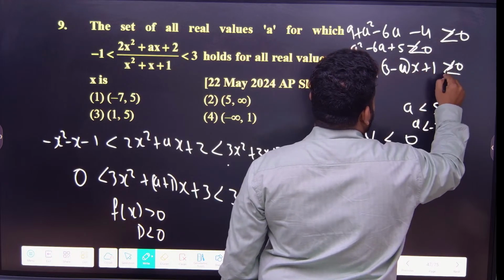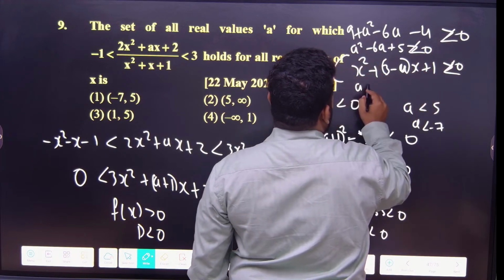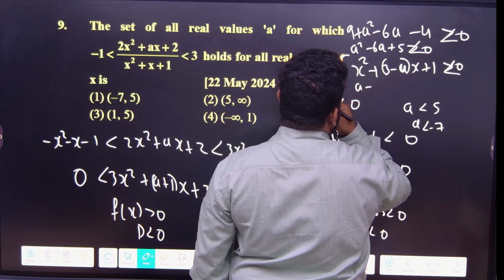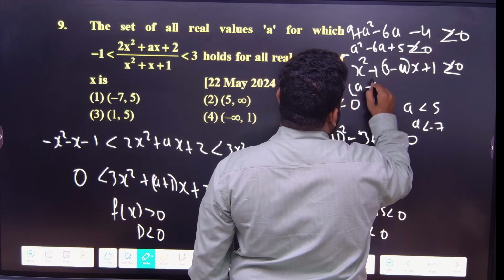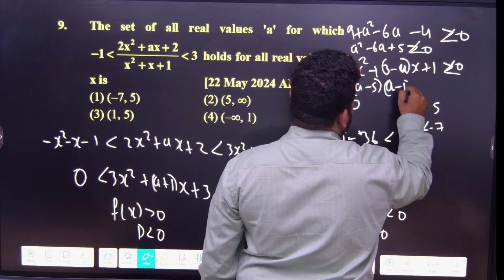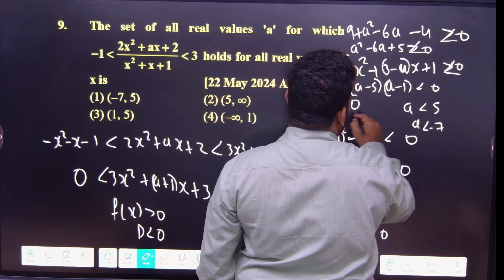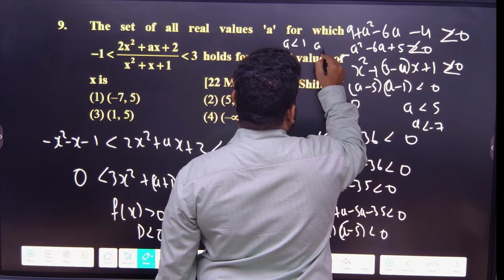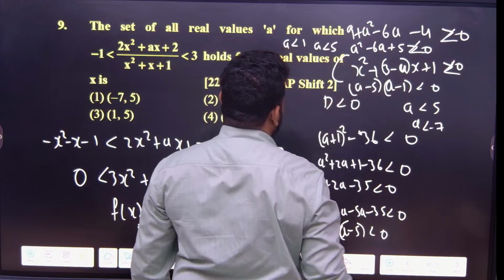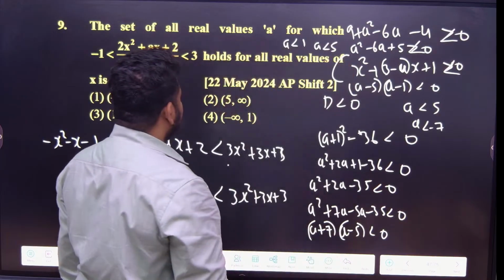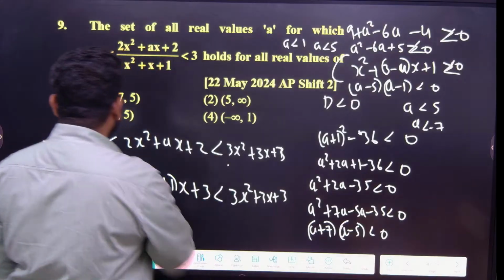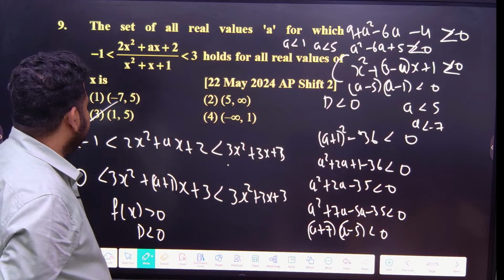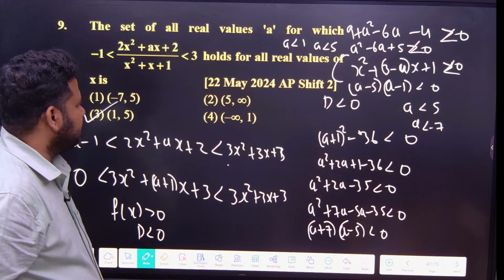This becomes a minus 5 times a minus 1 less than 0, so a is greater than 1 and less than 5. So it holds for all real values in 1 comma 5. 1 comma 5 is the final answer, you can take it.